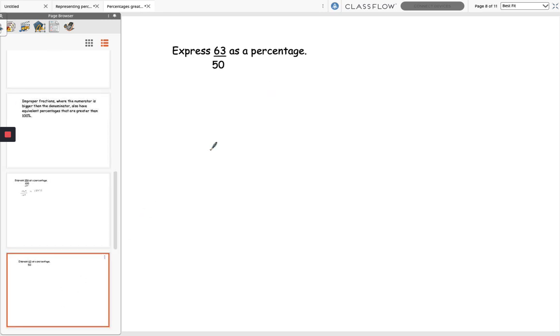Here's our next question. Express 63 over 50 as a percentage. So, we first of all need to change 63 over 50 into an equivalent fraction with a denominator of 100. Well, 50 multiplied by 2 is 100. And remember, whatever we multiply the denominator by or divide the denominator by, we also have to multiply or divide the numerator by the same number.